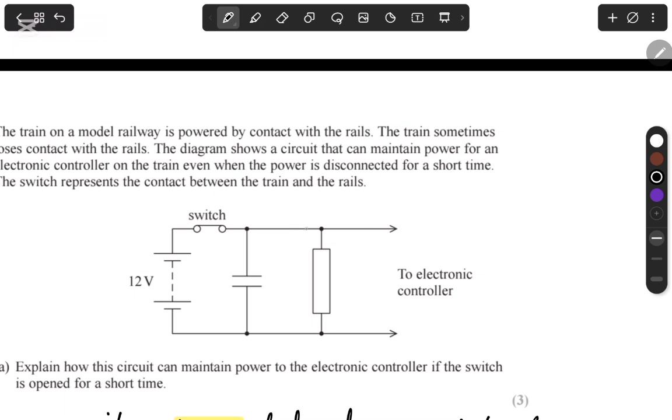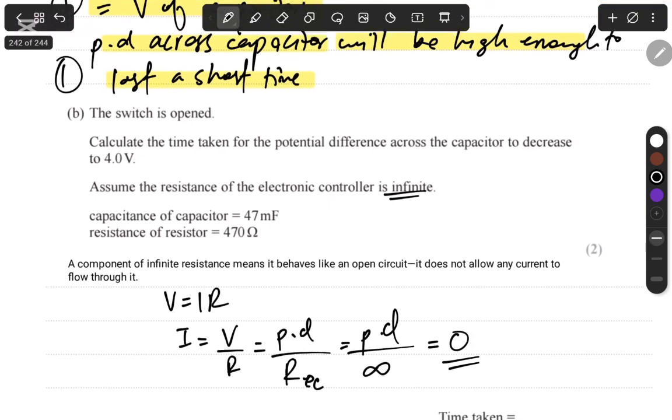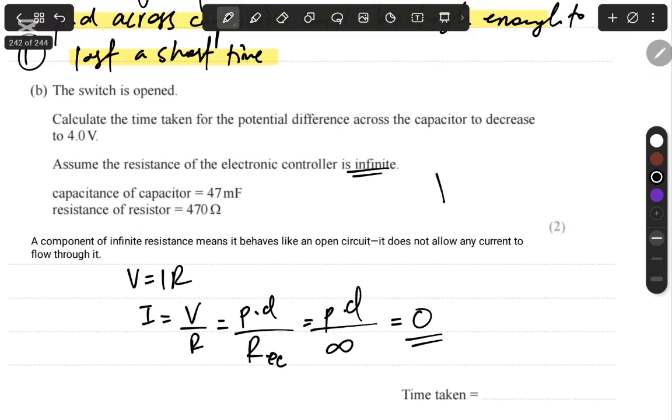So basically, the capacitor will discharge through the resistor instead of discharging through the electronic controller, because the resistance of the electronic controller is infinite. So when we solve this question, we're going to be using this equation.